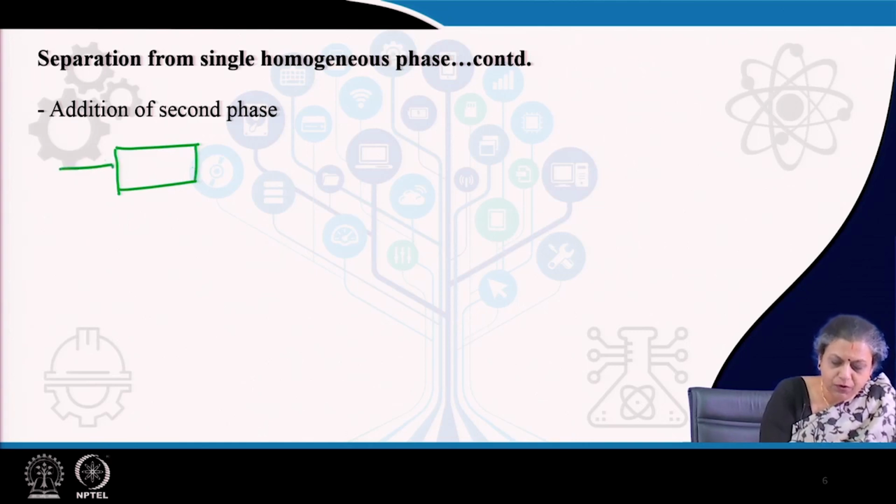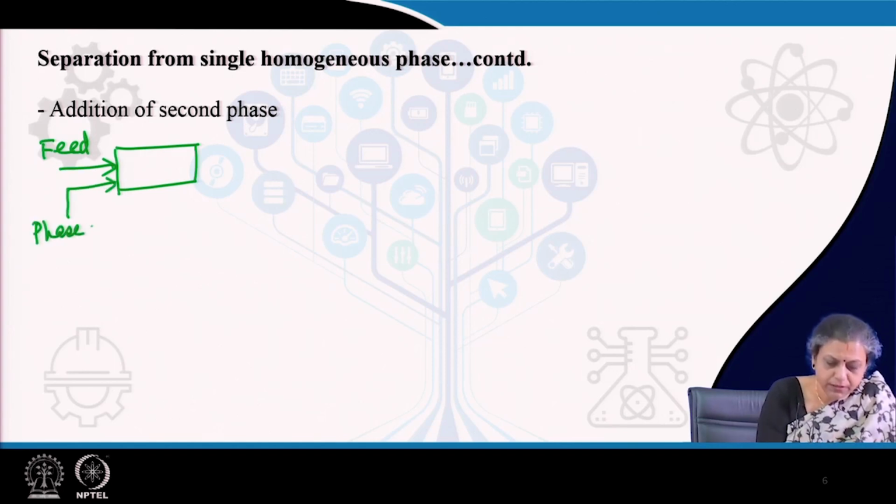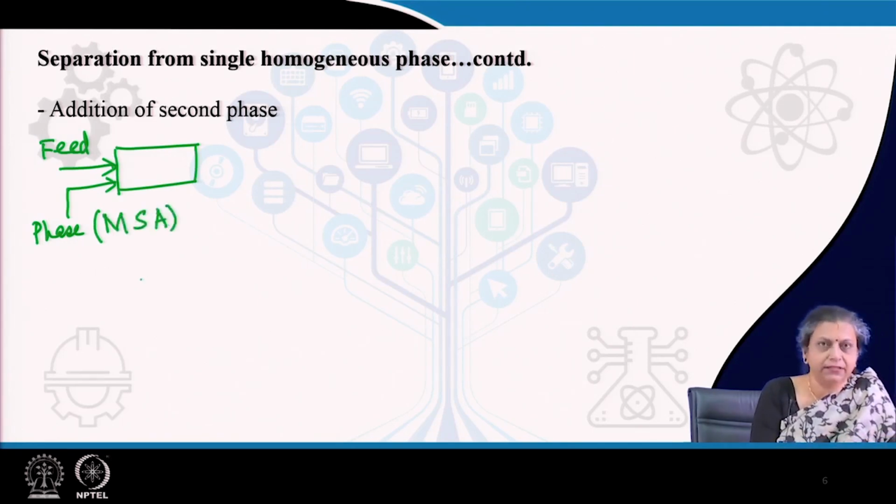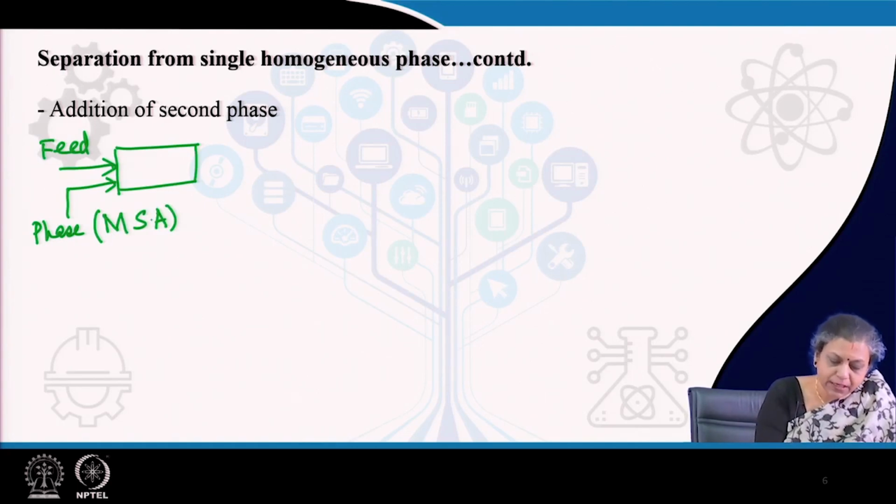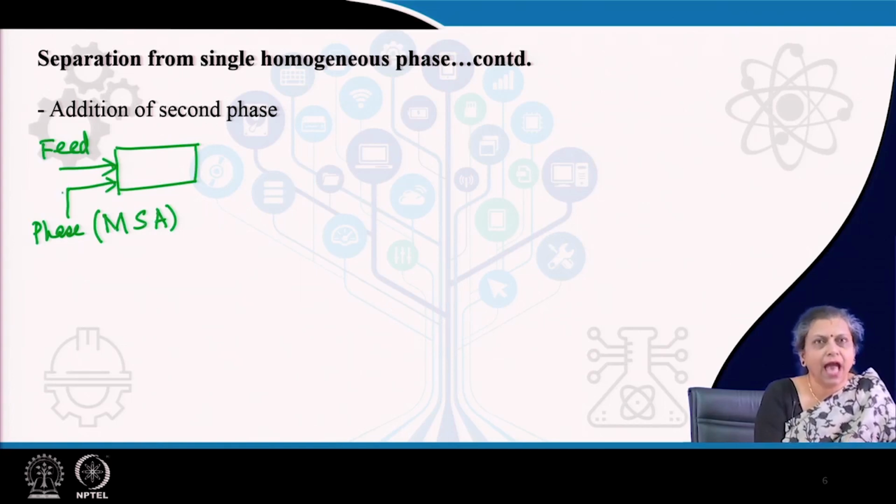say we have got a feed. We add a second phase, an auxiliary phase, which can also be called a mass separating agent. We add it, and then what happens? This mass separating agent will have more affinity towards some components of the feed as compared to the other components.